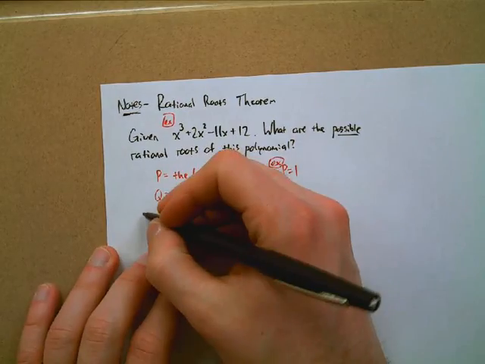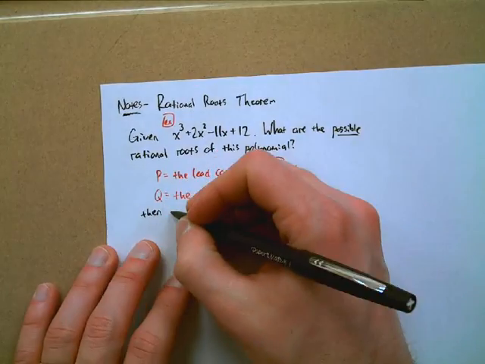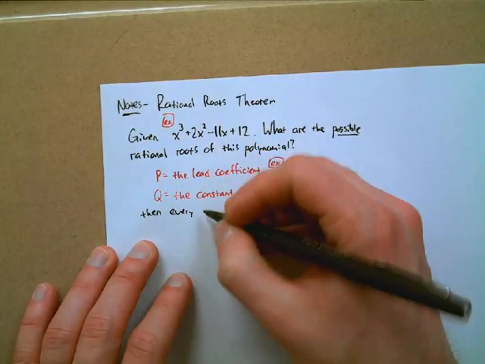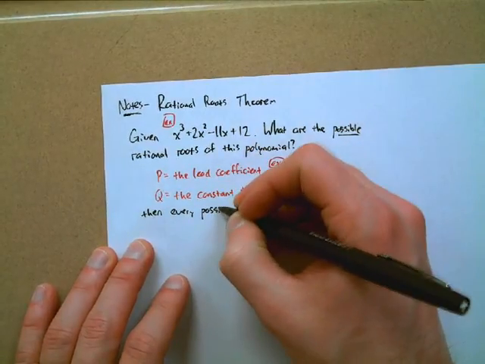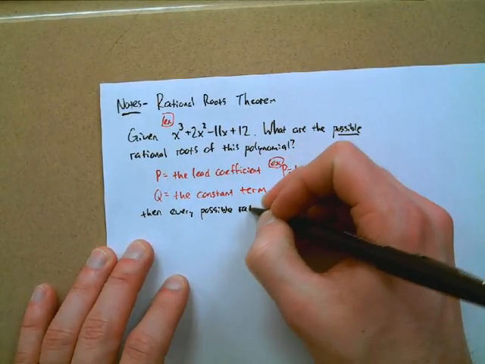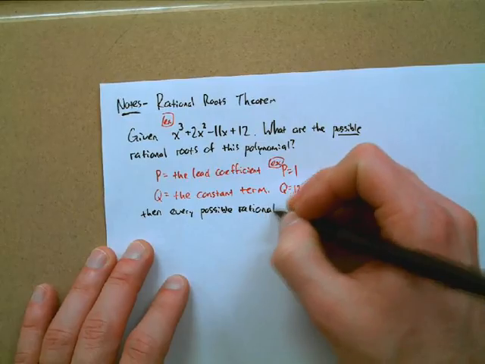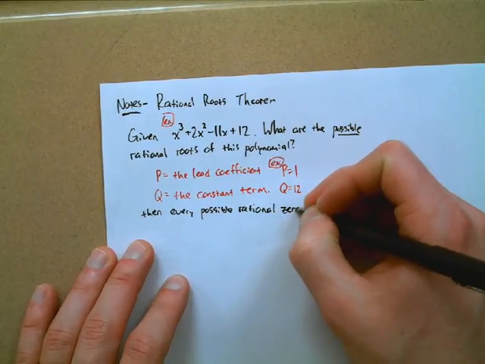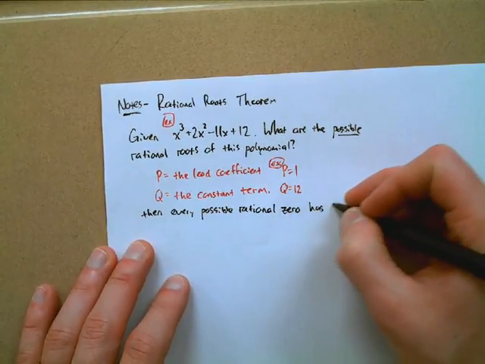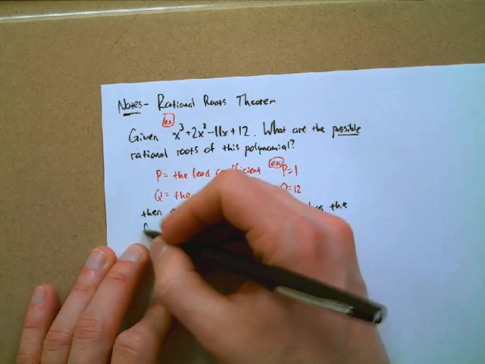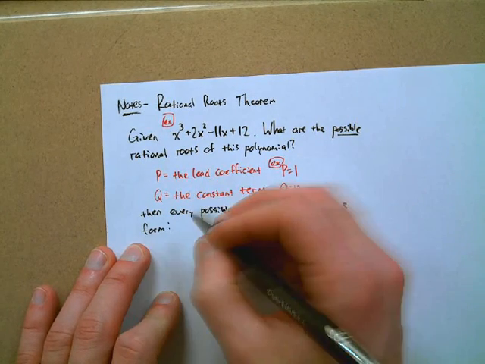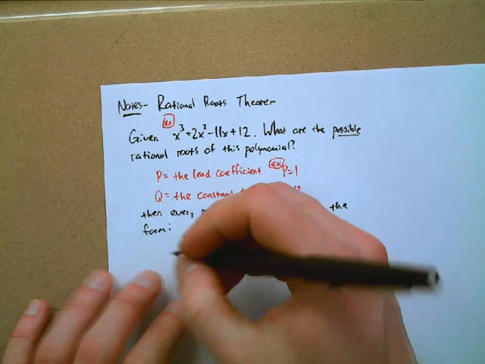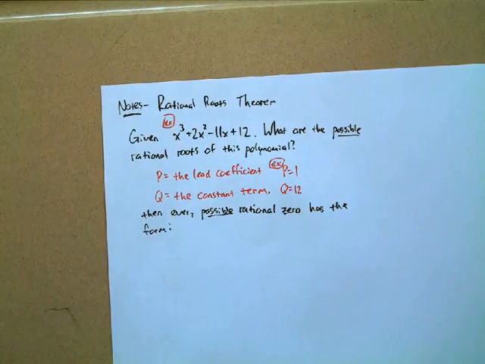Then every possible rational zero has the form, oh goodness, I flipped this around.